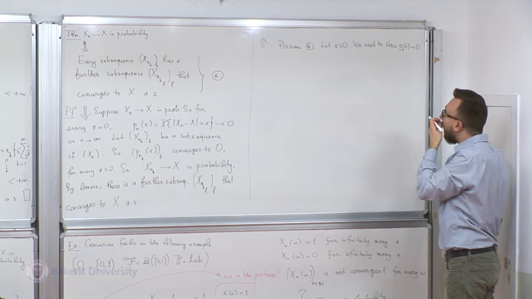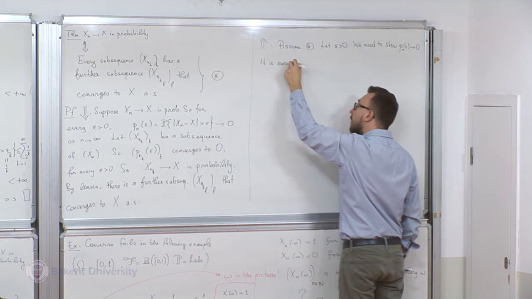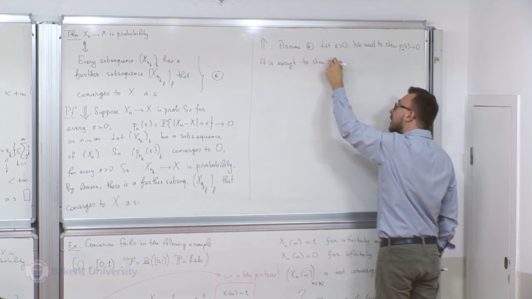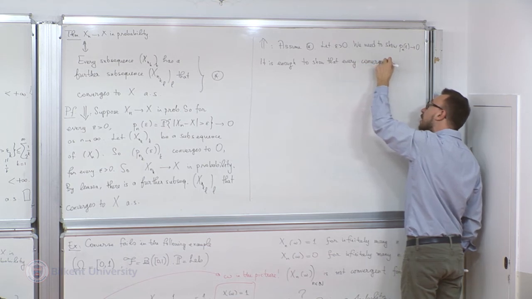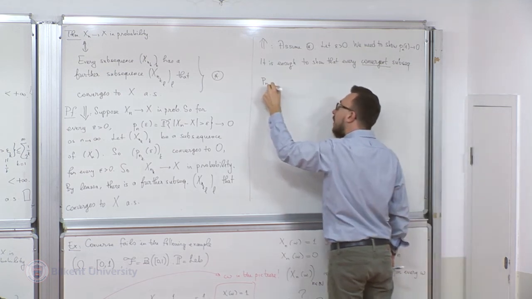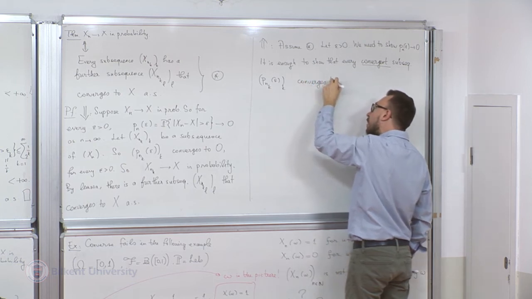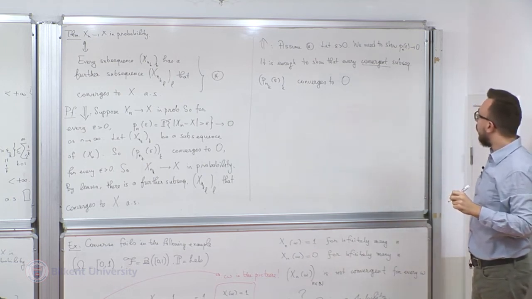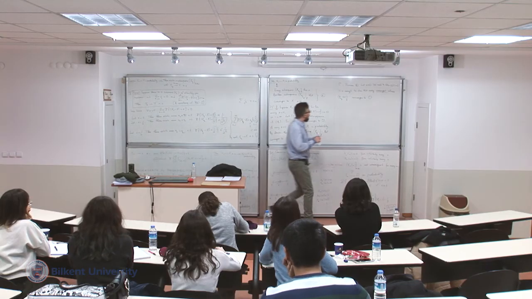And it is enough to, again, I'm using a fact from convergence in real numbers, it is enough to show that every convergent subsequence p_nk(epsilon) converges to 0. Okay, so let's show it.